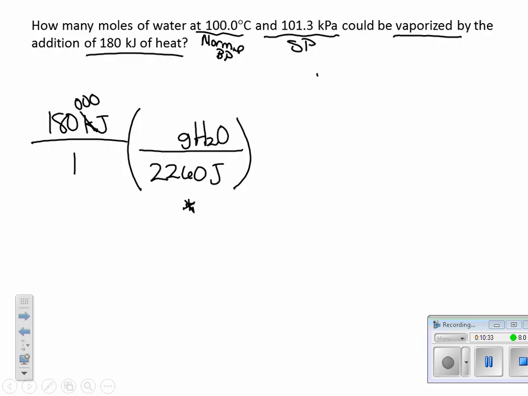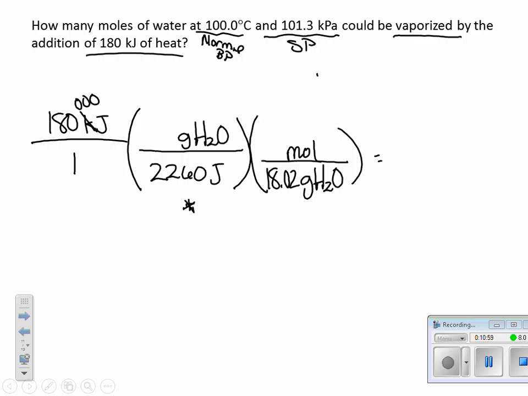And it says how many moles of water. So what we have here is grams of water. And of course we know ye old molar mass of water is 18.02 grams for every mole. And then we can chug it out in the calculator. Be sure to put the things in the bottoms in parentheses when you divide.